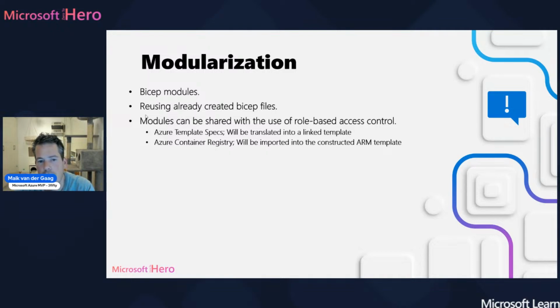One good thing to know is that when using Azure Container Registries, at the moment that you are building your templates, or basically when you send the deploy commands to the Azure platform, the module itself that's saved in the container registry is completely imported in text into your ARM template.